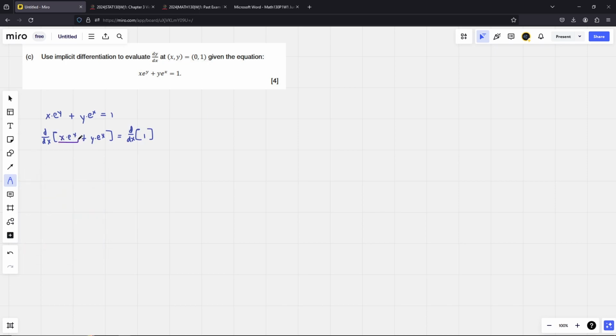So let's look at my first term. Okay, and I'm going to think about the derivative with respect to x of x multiplied by e to the y.